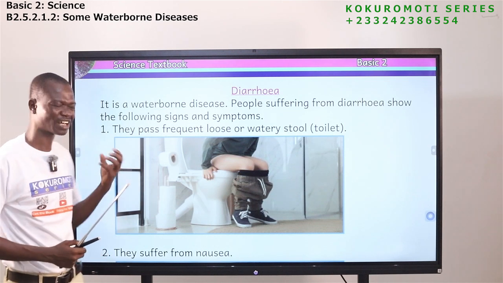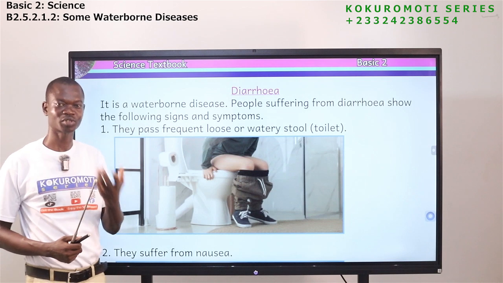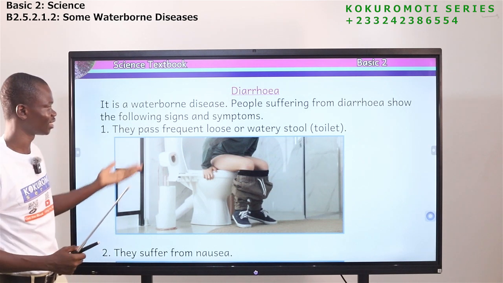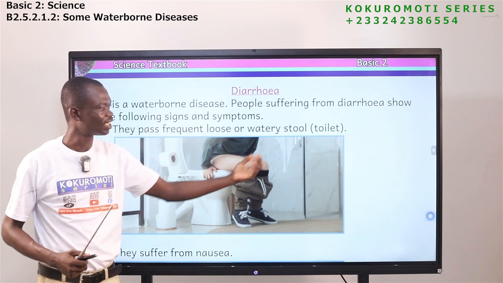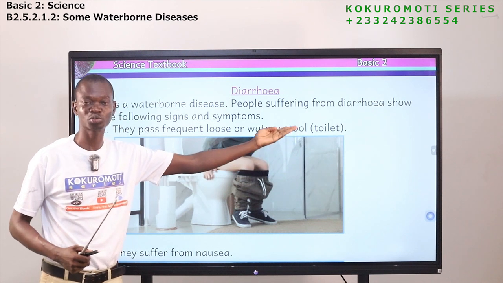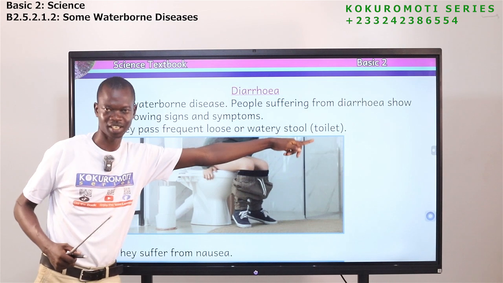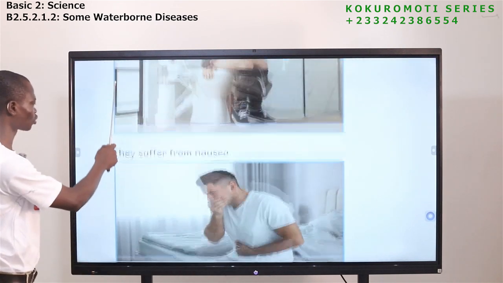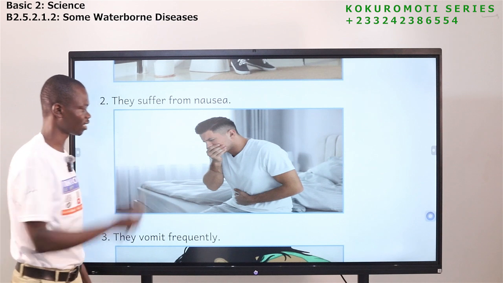And the toilet too that comes out, it's not hard though. It's not hard. Like water. That's why we say it is what? Loose or what? Watery what? Stool. And I have explained what stool is. Yes. Stool is the same as what? Toilet. The next one, they suffer from nausea.